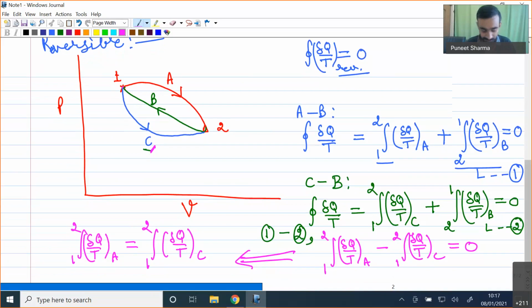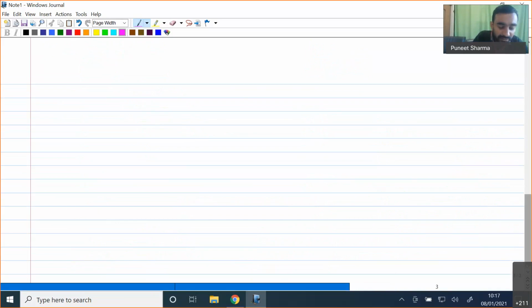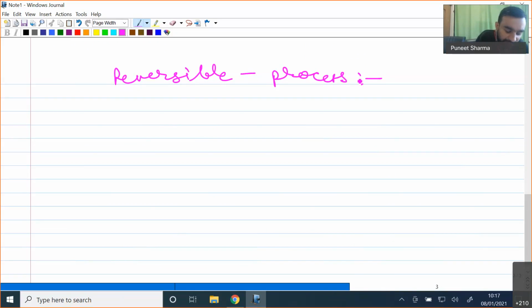Okay, so it means that in the previous lecture, we mainly defined entropy based on the concept of a cycle only, but after seeing this particular illustration, we have come to know that if we have a reversible process, then irrespective of the path, del Q by T is actually remaining fixed. So if del Q by T is remaining fixed, it means it is becoming nothing but a state function. So I can simply say that the integral of del Q by T is nothing but equal to dS.